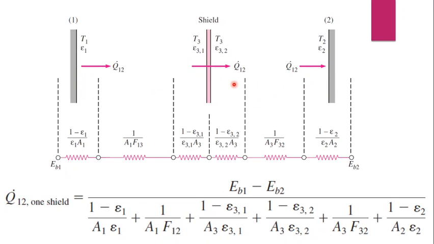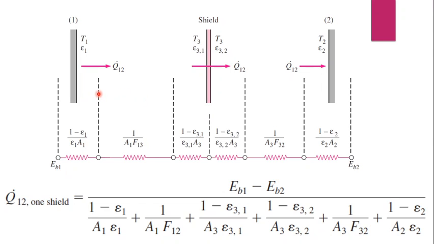As you can easily find out, if we keep more shields in between, it will increase the resistance. If resistance is more, then radiation transfer from 1 to 2 or 2 to 1 will be less. Now let us analyze this situation and try to find a generalized formula.